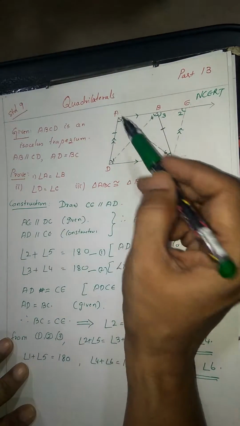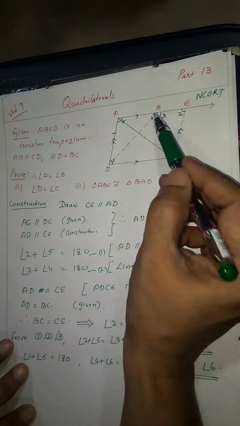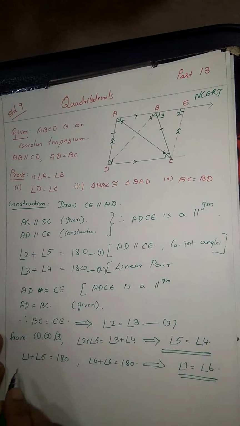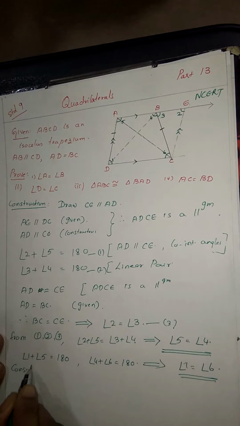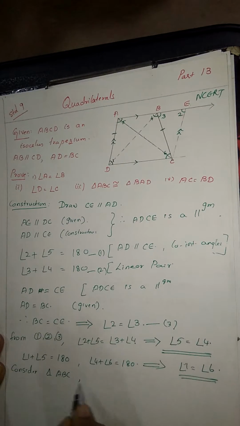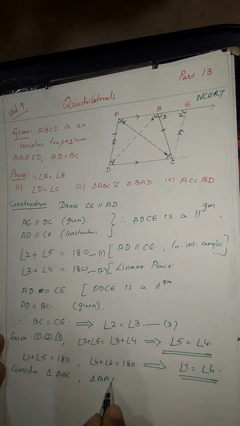Now you have to prove the triangles, so consider triangle ABC and triangle BAD.